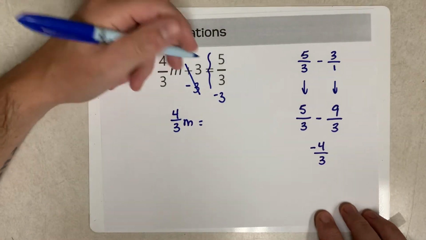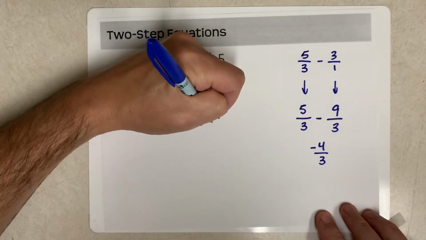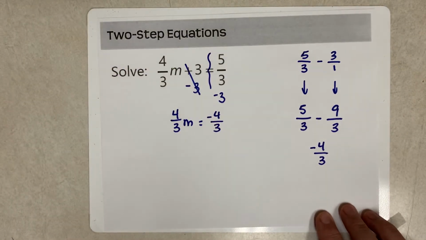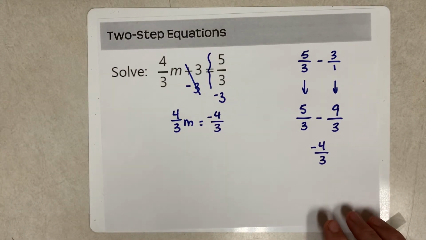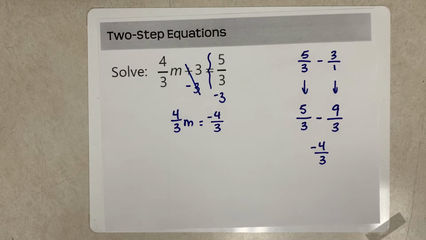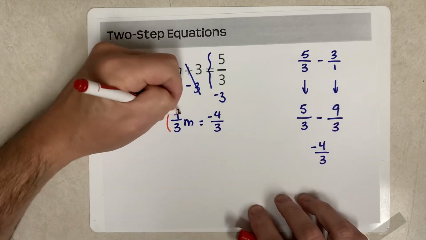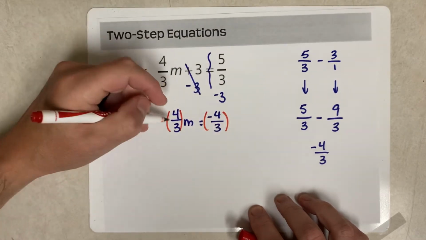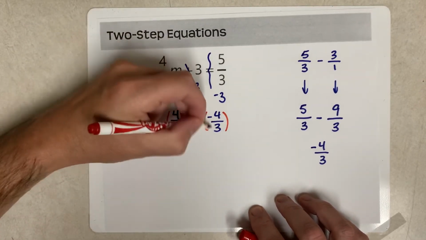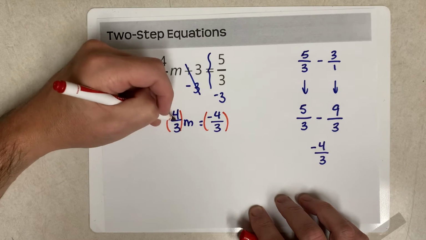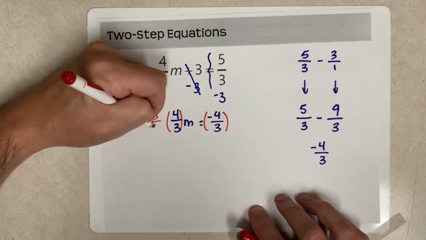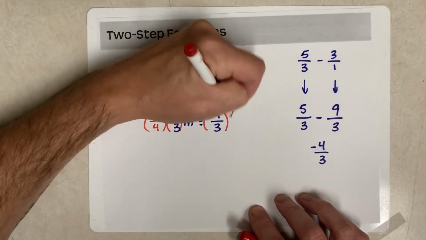And so 4/3 m is equal to negative 4/3. Now I have to either divide or use the reciprocal. I prefer to use the reciprocal. The reciprocal of 4/3 is 3/4, so I'm going to multiply both sides by 3/4.